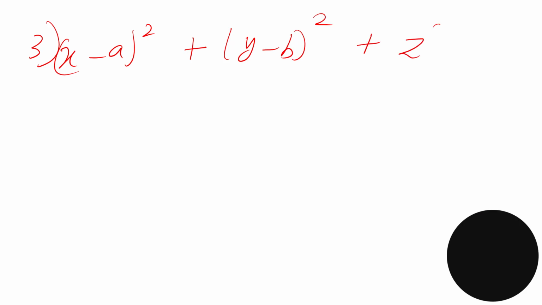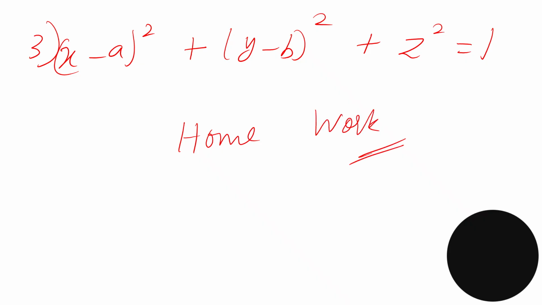This is the third equation: x minus a whole square plus y minus b whole square plus z square equal to 1. Try this one for homework. Thank you.